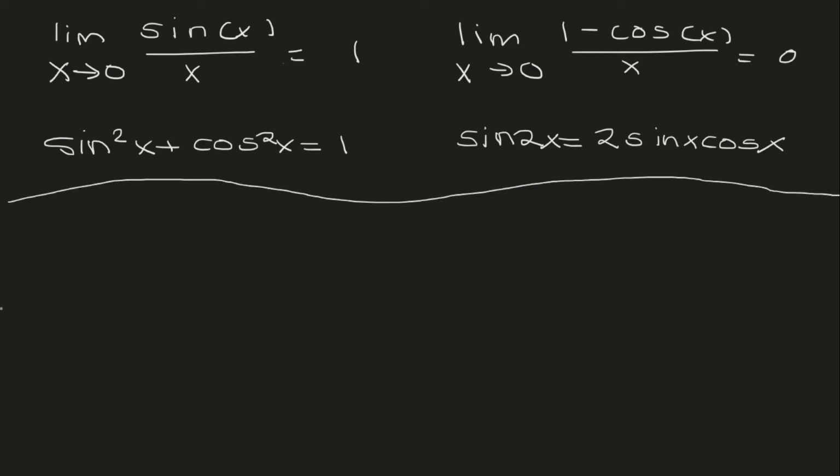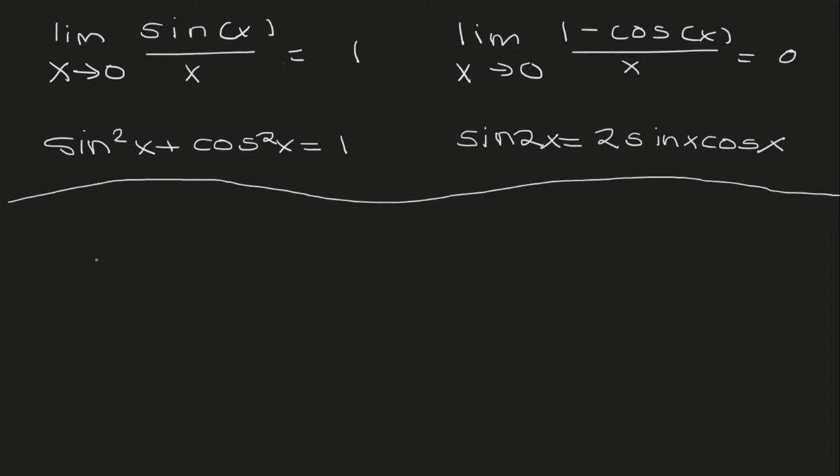So it's basically an extended version of simplification. Now these are a few of the limits and identities you need to remember to be able to solve them, and they're the sine function and cosine function as well as two basic identities.